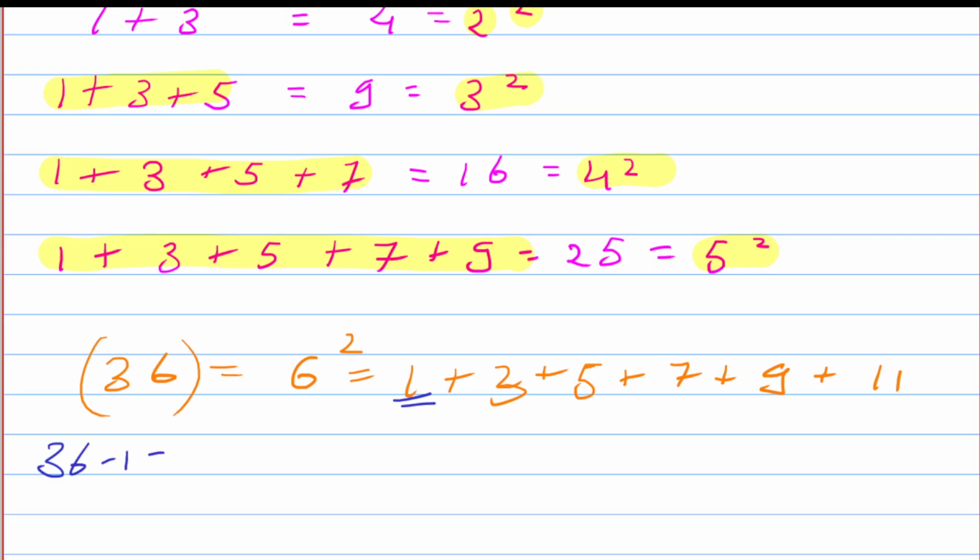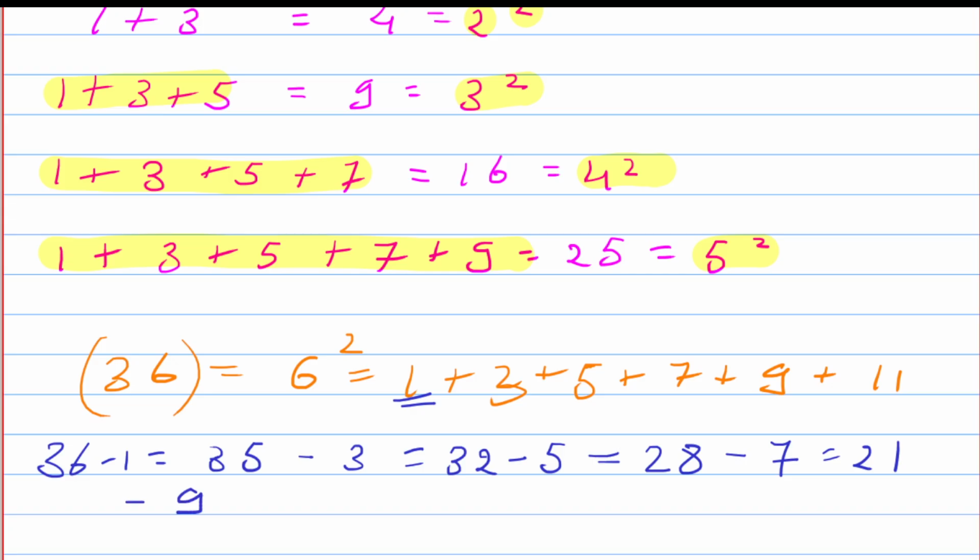So 36 minus 1 is 35. 35 minus 3 is 32. 32 minus 5 is 28. Minus 7 is 21. Minus 9.